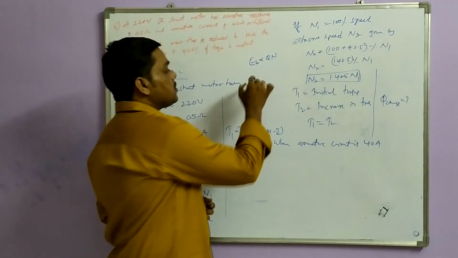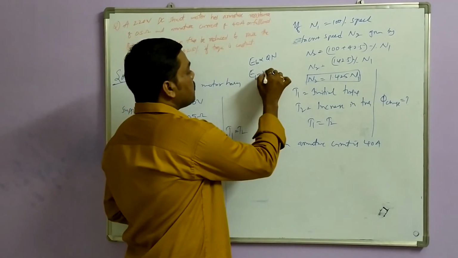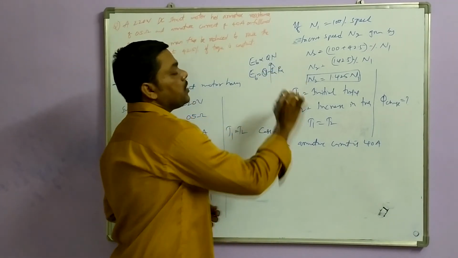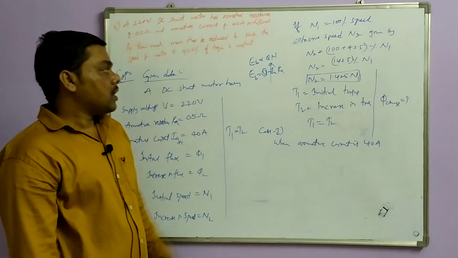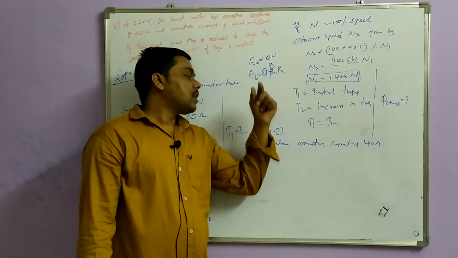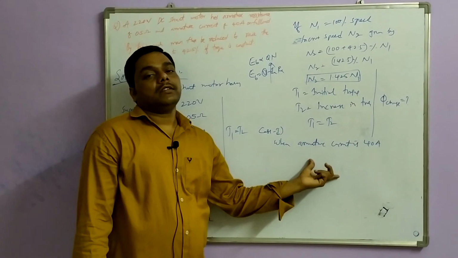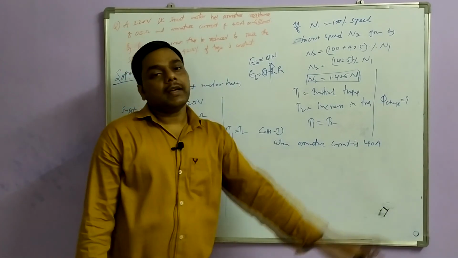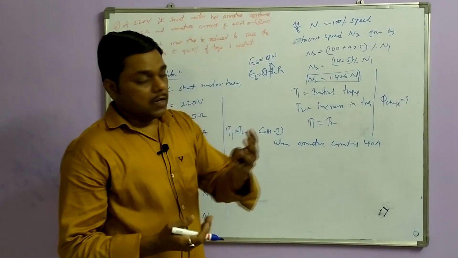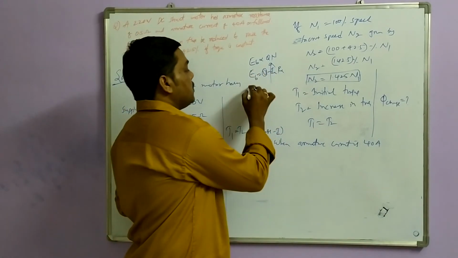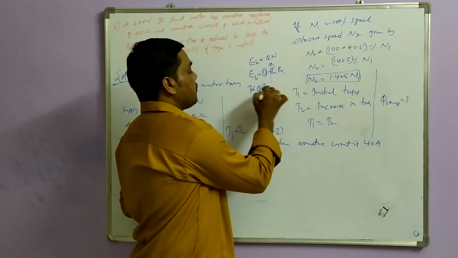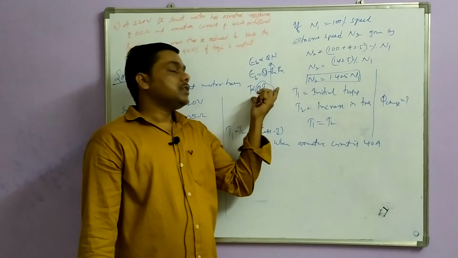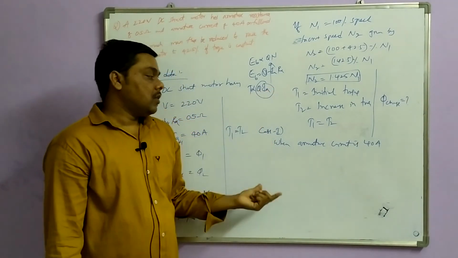Eb is equal to V minus IaRa. Now V is constant, so Ia is going to change. So I have to calculate the armature current for both cases. If you know any one case, we will calculate that armature current, and that will give the relation. T is proportional to Ia. This relation evaluates the change in flux and the change in current. Now we evaluate.